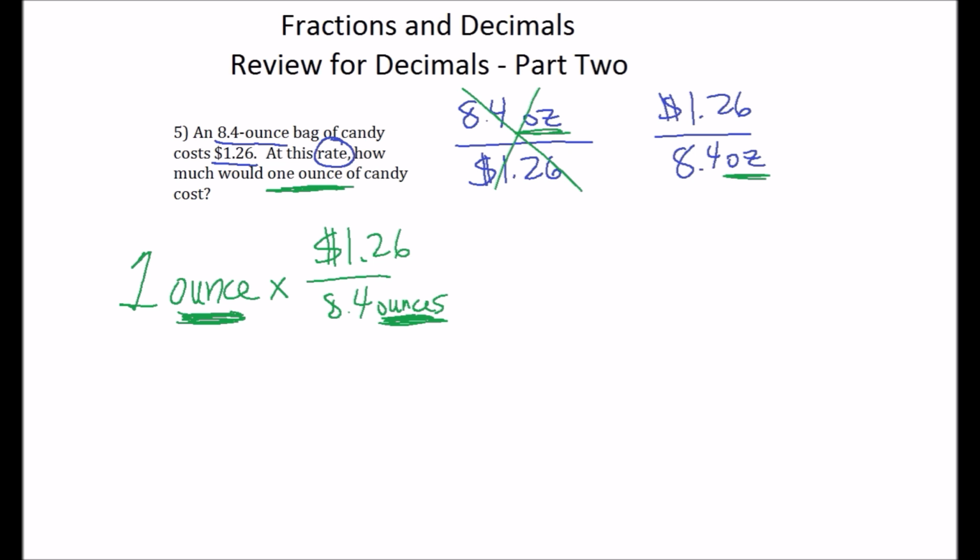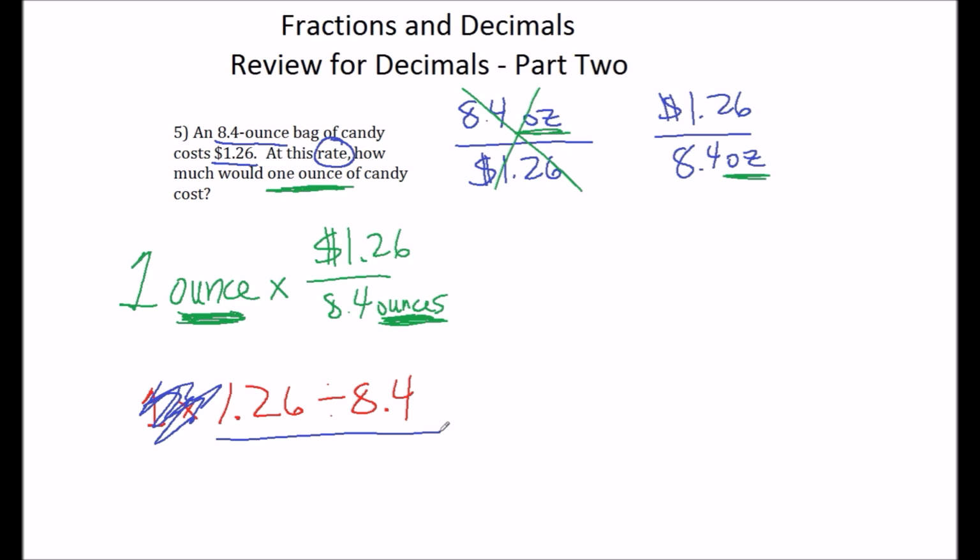From here I can remember that it's going to be the first number, 1, times the top number, 1.26, divided by that bottom number, 8.4. And again, you might say, okay, I really don't have to do multiplication by 1, because that's not going to change anything. So it really comes down to 1.26 divided by 8.4. And again, that's the shortcut, for those people that just want to know what operation to do and feel comfortable doing it on your own.